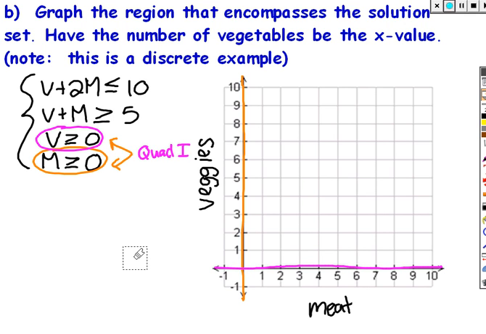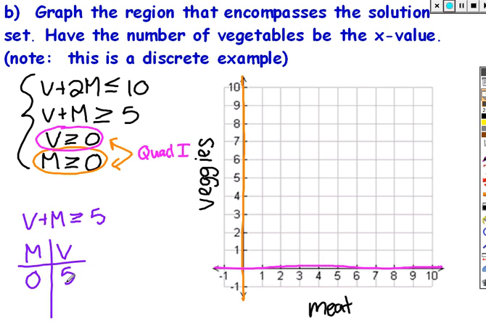Then how do I graph everything else? Well, it might be easiest just to use your x and y intercepts. So let's look at our first inequality. So m plus v, and meat is like the x, v is the y, if I plug in 0 for m, well, 5 plus 0 equals 5. If I plug in 0 for v, 5 plus 0 equals 5. So 0, 5, 5, 0.